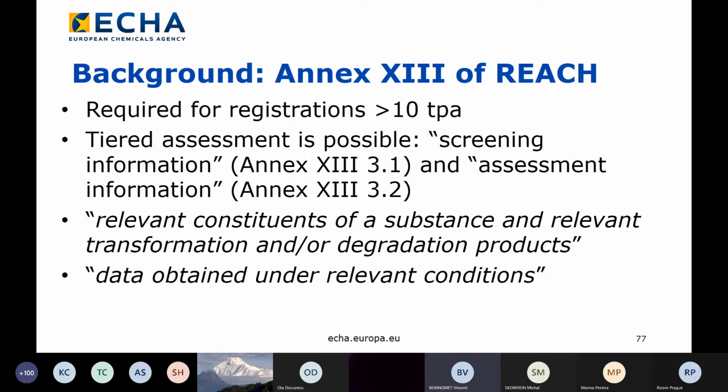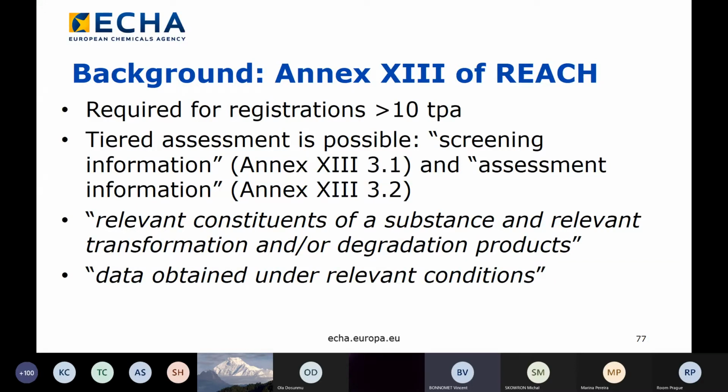So the background is, of course, Annex 13 of REACH. According to the legal text, a chemical safety assessment and chemical safety report are required for tonnage above 10 tons per year, and this chemical safety report requires that the PBT or vPvB assessment is performed.